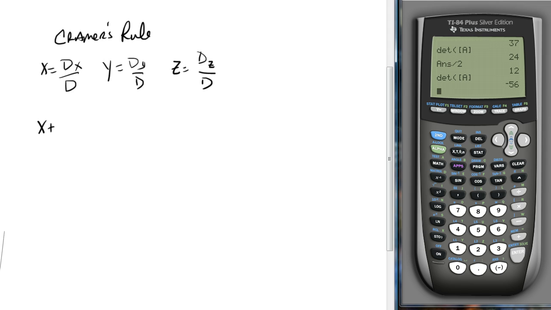We have this: x plus 2y minus 3z equals 18. Negative 3x minus z equals negative 20. And y plus 3z equals negative 13.